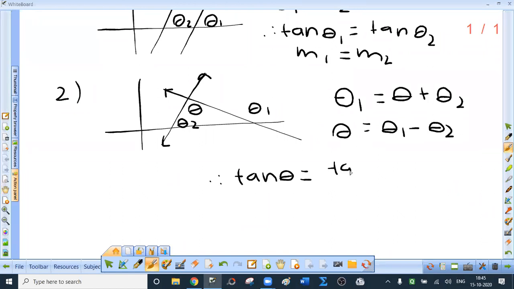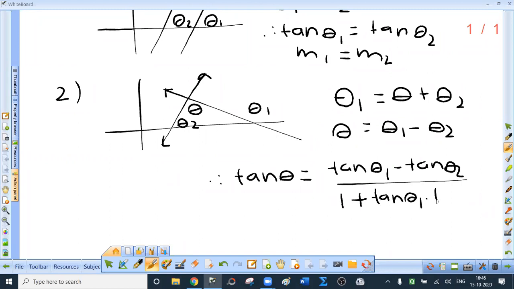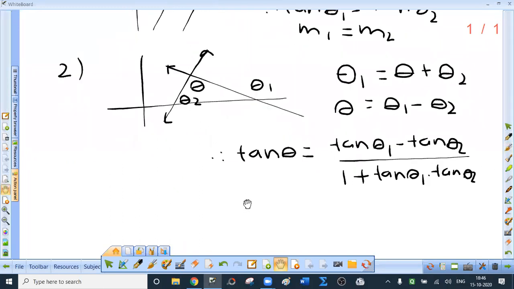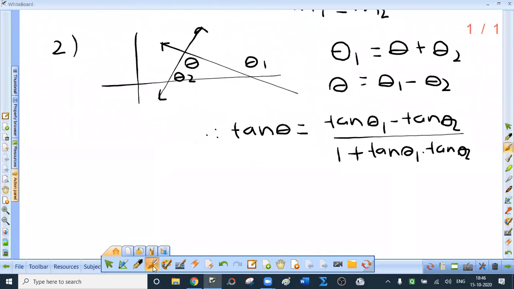Use the formula: tan theta 1 minus tan theta 2 upon 1 plus tan theta 1 into tan theta 2. Now tan theta 1 is m1, the slope of the first line, and tan theta 2 is m2. So this is m1 minus m2 upon 1 plus m1 m2.